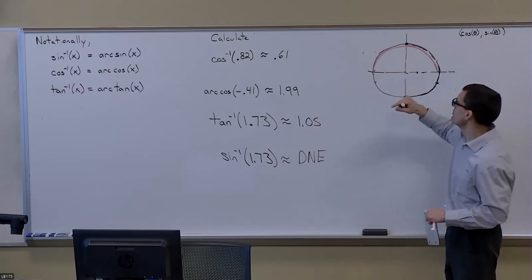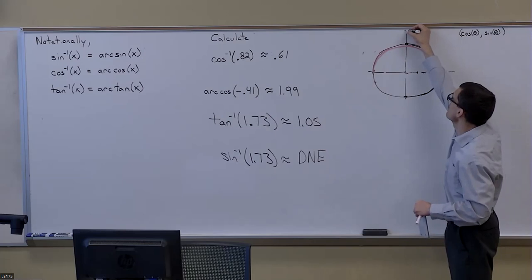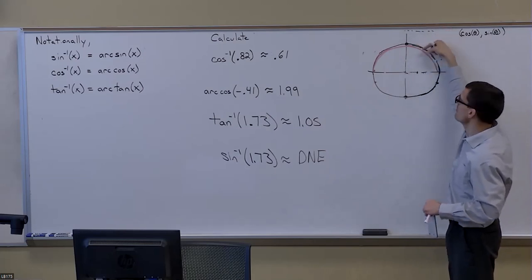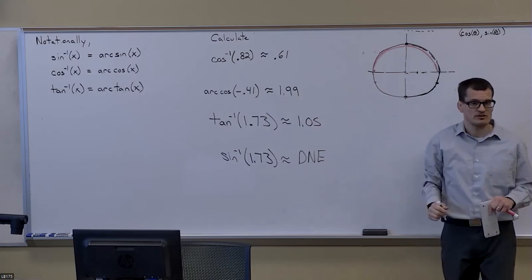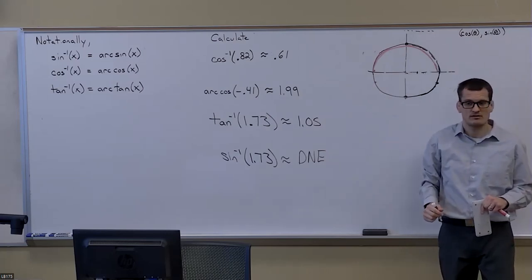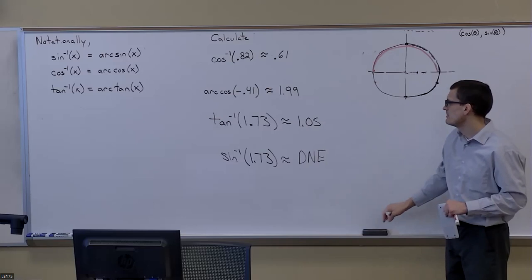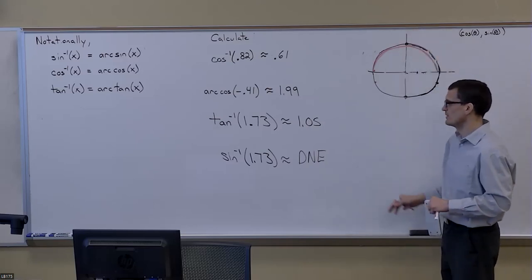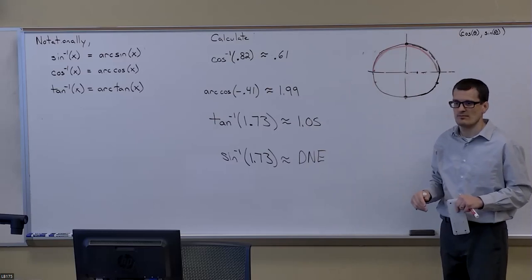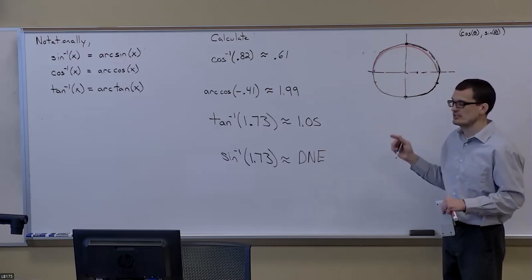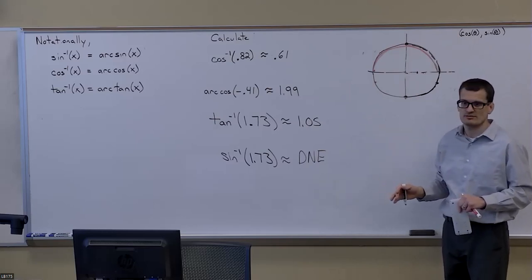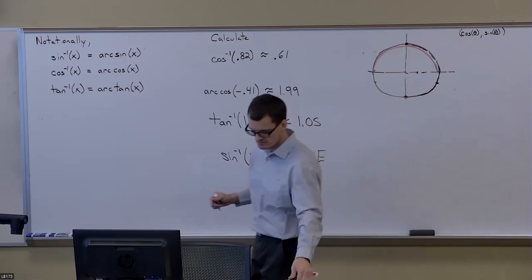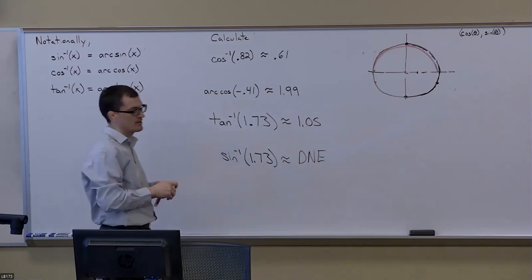Well, 1.73 is above the unit circle, right? So there's no way across the unit circle there. So the inverse sine has to take on values between -1 and 1. Inverse tangent can take on any values. But there you go.